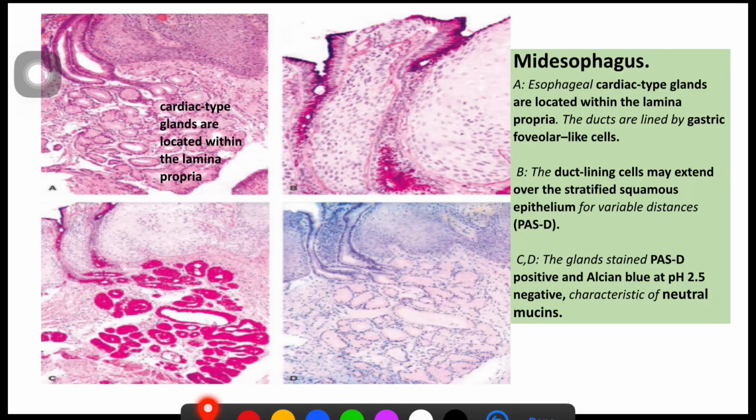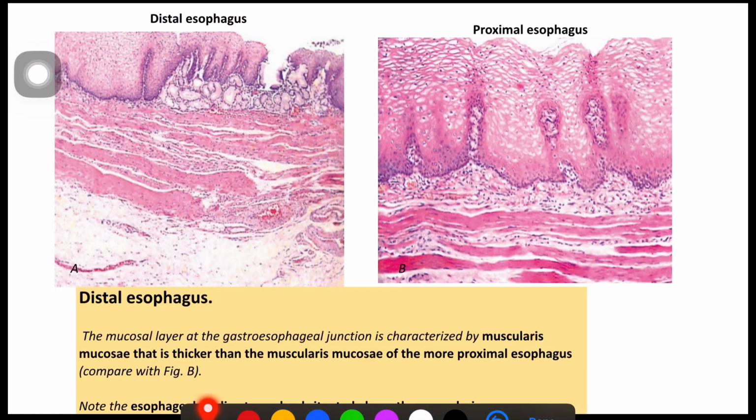We will discuss this topic in the next slide. So this is again distal esophagus, proximal esophagus. In distal esophagus, you can identify these cardiac type glands in the lamina propria, and here you can identify this muscularis mucosae is thickened compared to the muscularis mucosae of proximal esophagus.